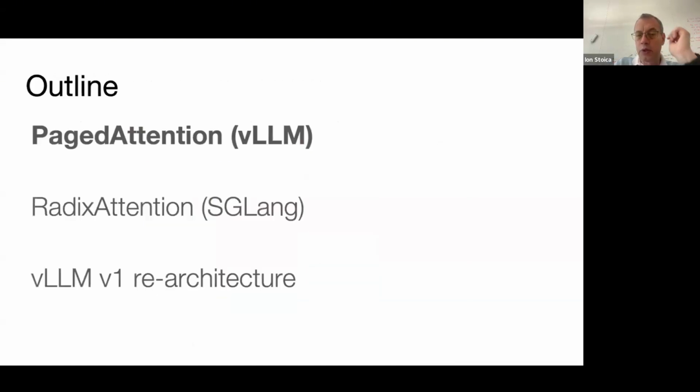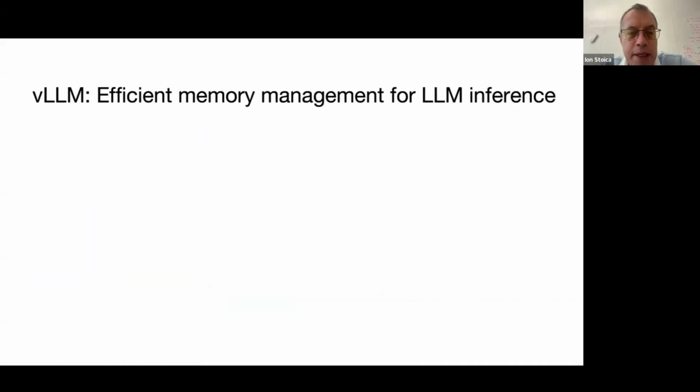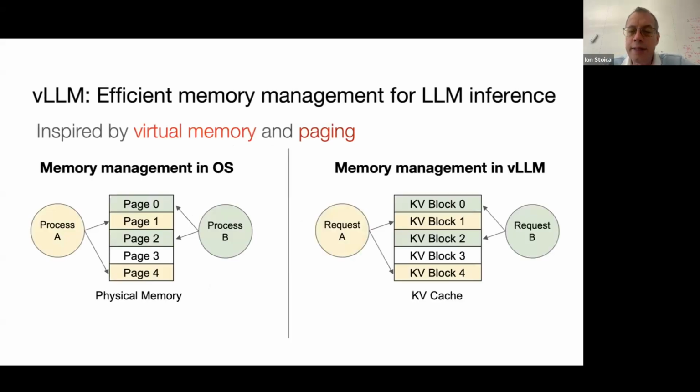Now I'm going to talk about PagedAttention, which was introduced by vLLM. Just to be very clear, this problem is not new. Everyone who took an operating system class knows about it. It's about memory allocation, and virtual memory.